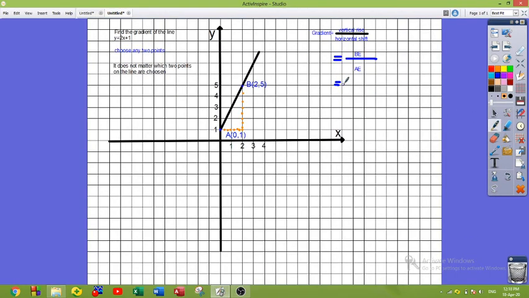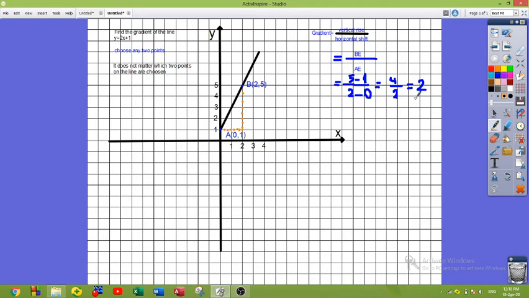It will be 5 minus 1 over 2 minus 0. Now 5 minus 1 is 4, so 4 over 2 is equal to 2. Our gradient is 2.